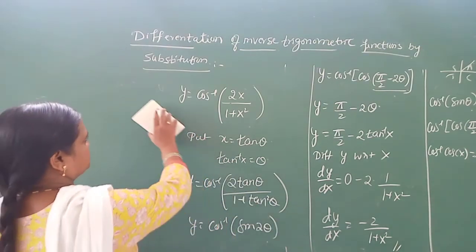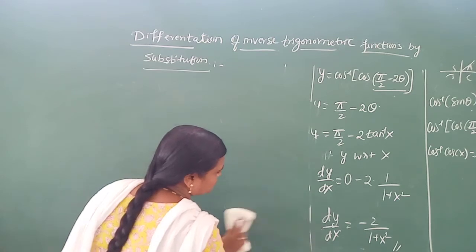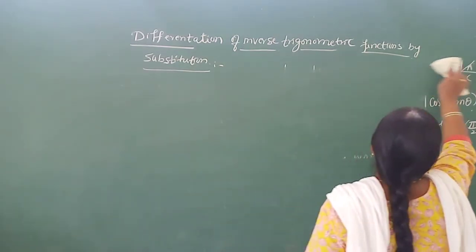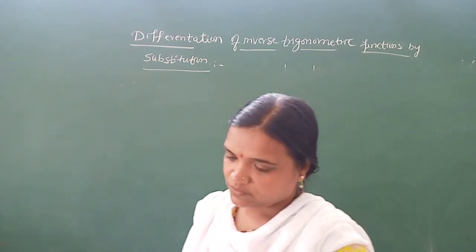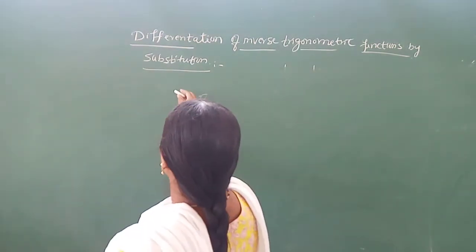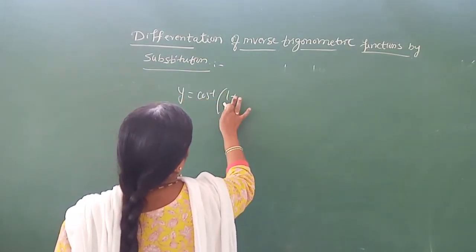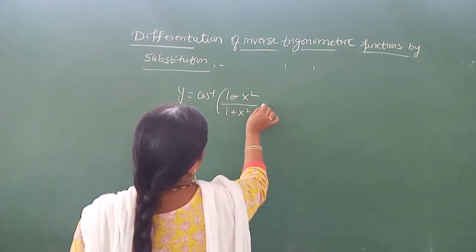We take the next case. Next example is y is equal to cos inverse of 1 minus x square by 1 plus x square.